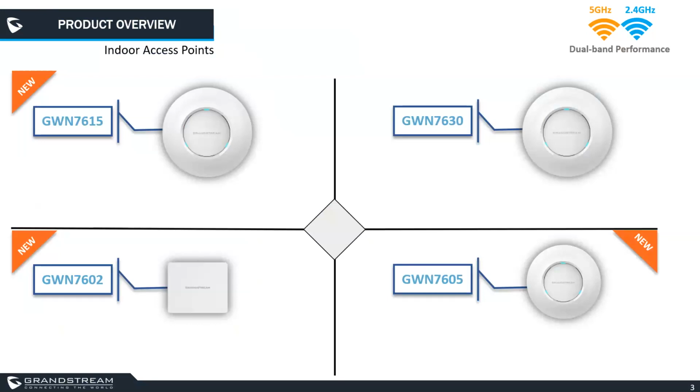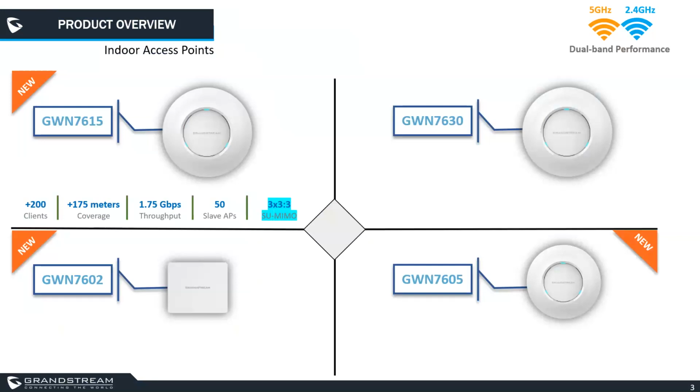They offer high performance networking, great Wi-Fi coverage range, fast and easy provisioning and management thanks to the built-in controller, and also support for management through GWN Cloud, which is the free service of GrandStream that is based in the cloud that allows you to manage all the access points from one centralized management.